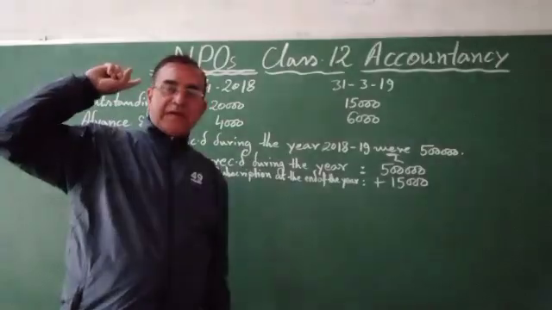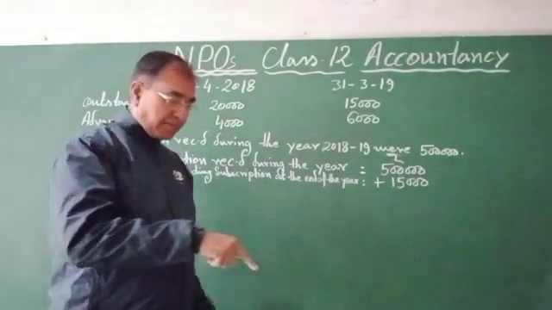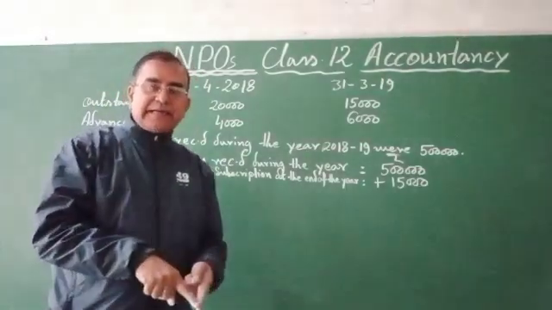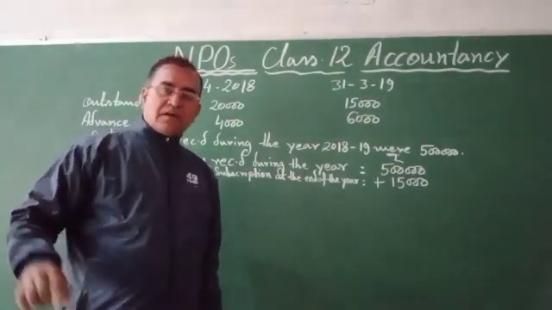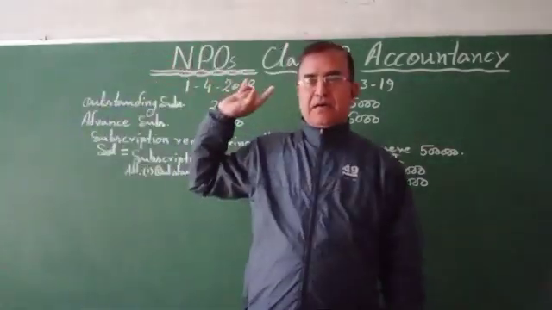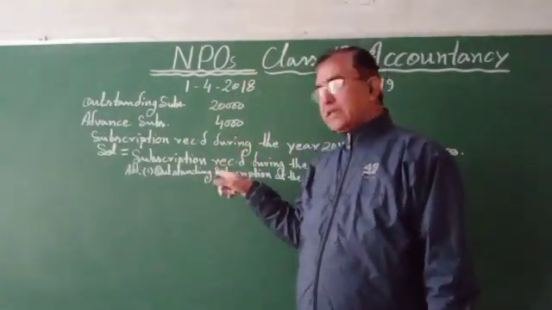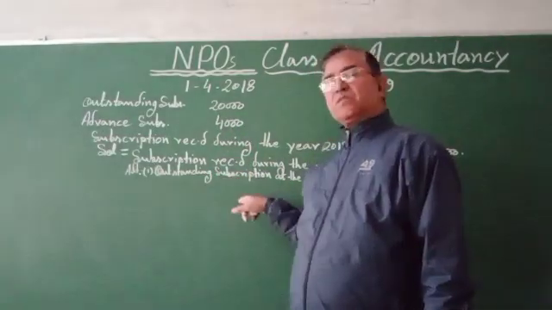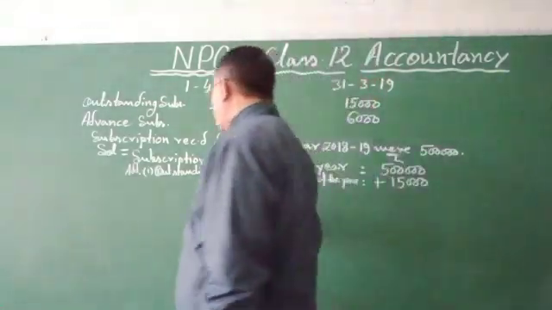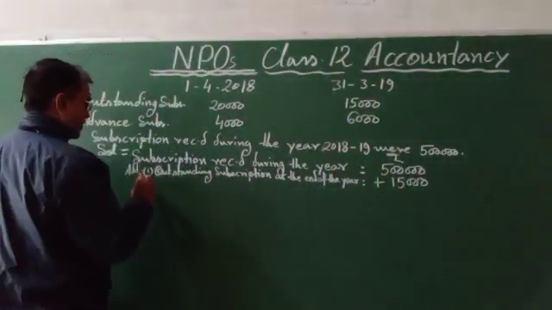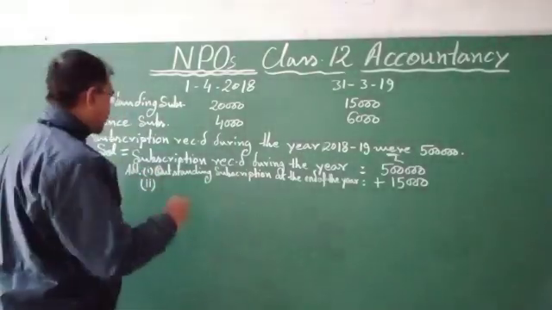And the advance subscription of the previous year, related to the current year: the organization received the subscription in the previous year as advance, but it is related to the current accounting period. So we have to add this one.